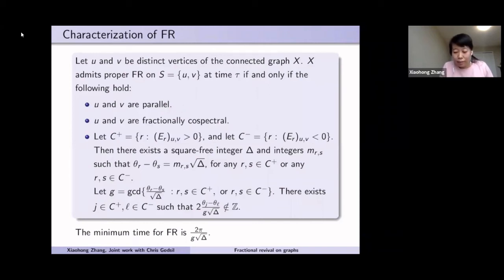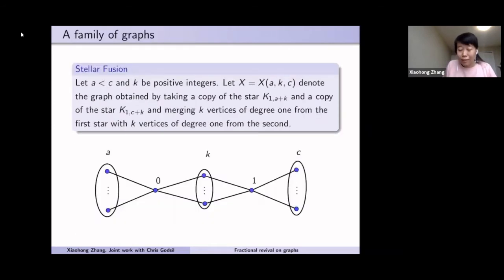The parallel property we already checked. Fractional cospectrality we just checked by using the density matrix being periodic. The third condition is based on the eigenvalues. They are separated into two sets, and there are some conditions to satisfy. With that information, we can find the minimum time when FR occurs. We will not spend too much time on checking the conditions, but they do exist.